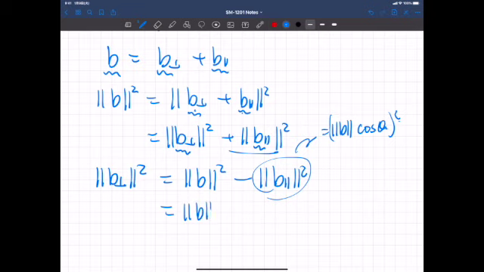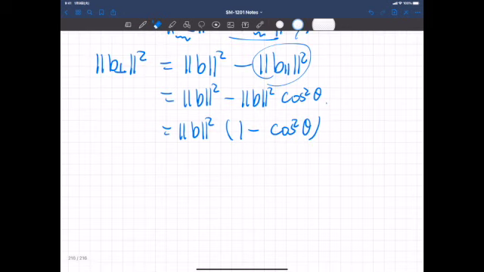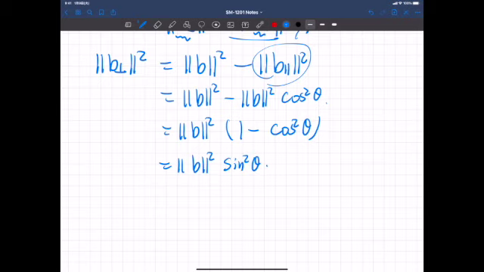So B modulus squared minus B modulus squared cosine squared theta. We factorize, and that is 1 minus cosine squared. But 1 minus cosine squared is sine squared. Right? We have this equation.